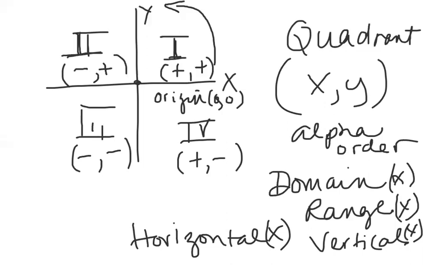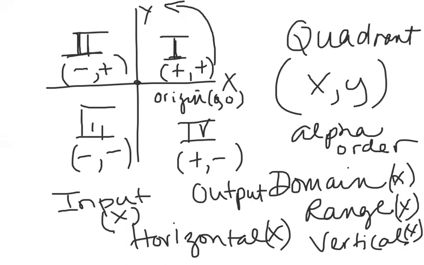You see the alphabetical order? Okay, eventually we're going to get to this term right here, input versus output. Alphabetically, which one comes first? Input comes before output. So X has to do with input, Y has to do with the output. Guys, do you see how it all coalesces together?